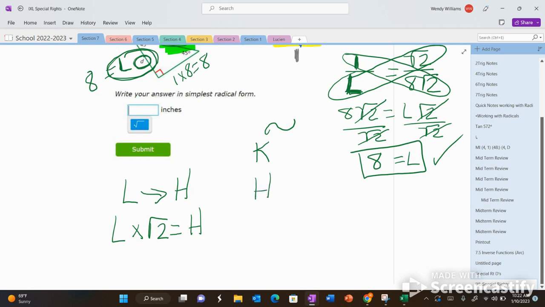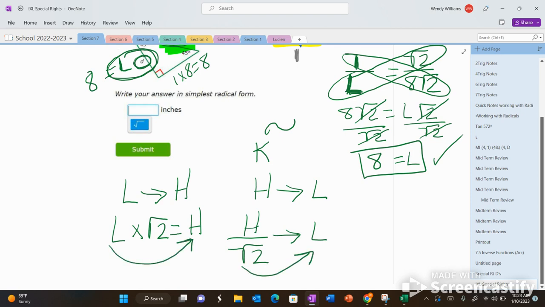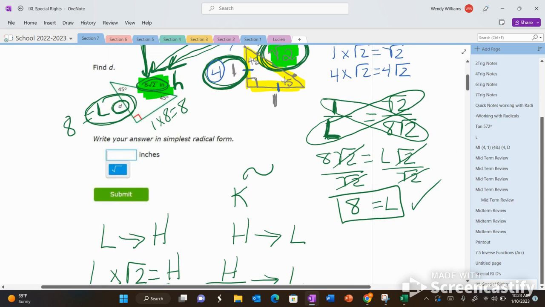If you're going from the hypotenuse to the leg, which is smaller, you would take the hypotenuse and divide by the square root of 2 to get to the leg. Here, you're getting bigger. Here, you're getting smaller. And if you look at your ratio and proportions, you're either going to divide by the square root of 2 or multiply by the square root of 2. It's really not a trick. It's just using what you know and applying it.